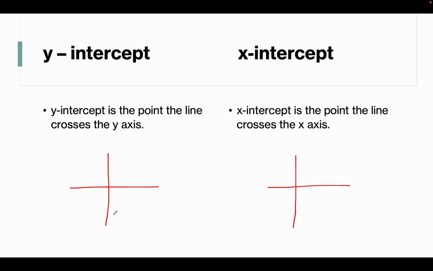Here is the y-axis. If the line were to cross the y-axis up here, it'd be like 4 or something, the number that is up here on this line. If it was going to cross the other axis, the x-axis, it's about where it would cross on this line, the x-intercept.